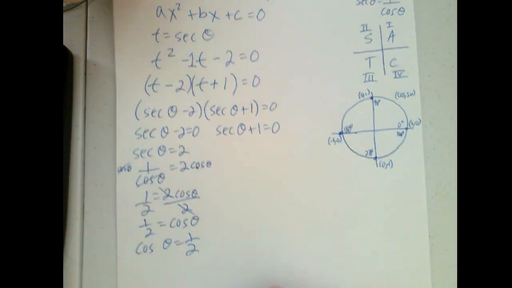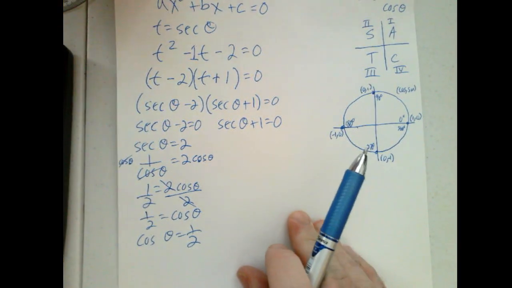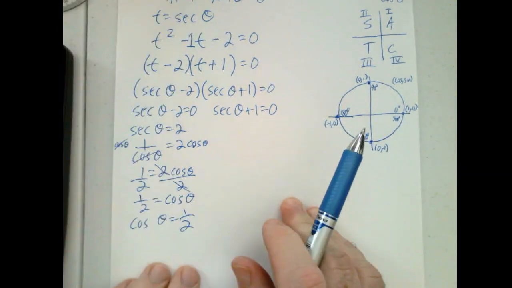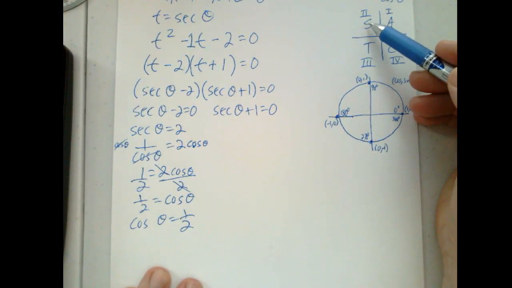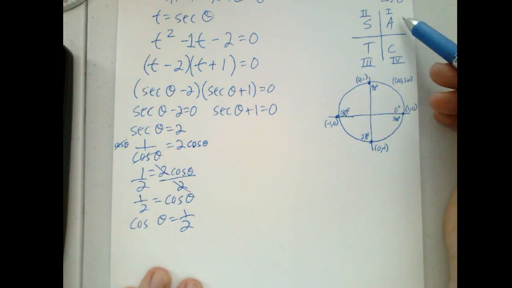So we're dealing with a positive result for cosine. So then we look at the memory tool here. All students take calculus. So the only two quadrants that we can get a positive cosine result is quadrant 1 and quadrant 4.